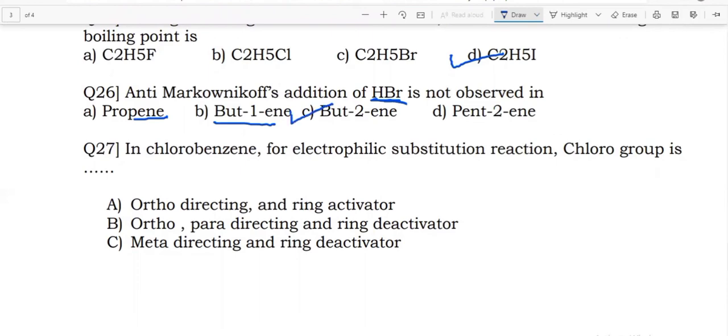So here you will get the product by using the Markovnikov rule, and if you use the anti-Markovnikov rule, you also get the same product. That's why we don't require the anti-Markovnikov rule here. So answer is C. Whenever we talk about unsymmetrical alkenes, only then do we require the Markovnikov or anti-Markovnikov rule.